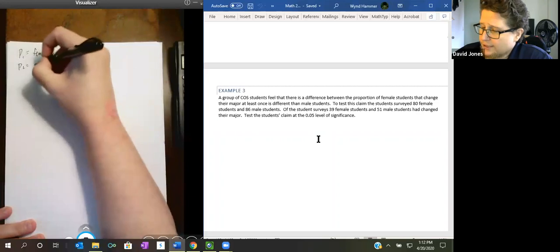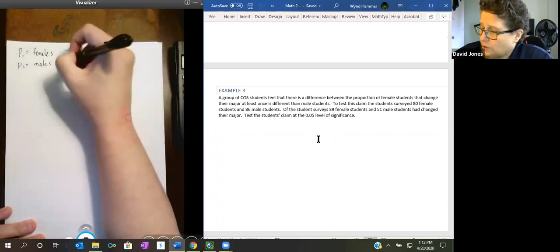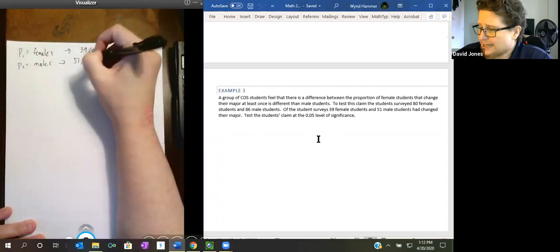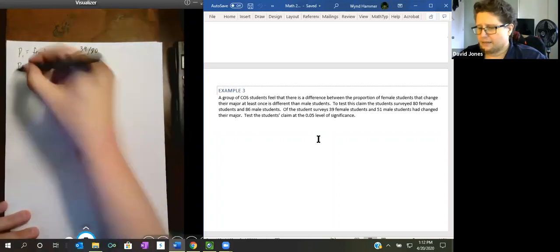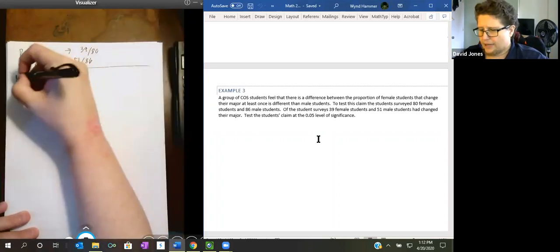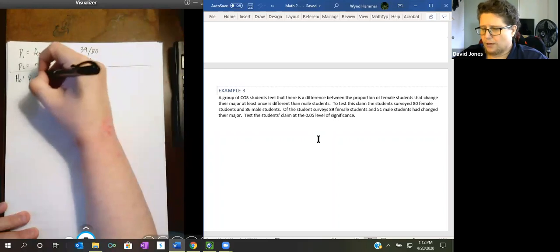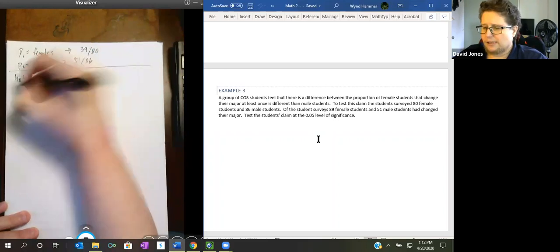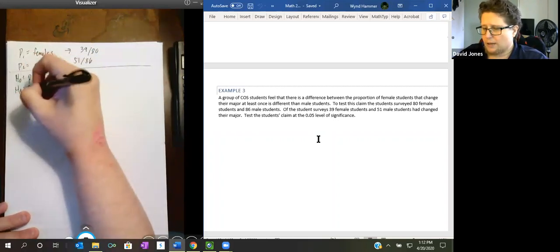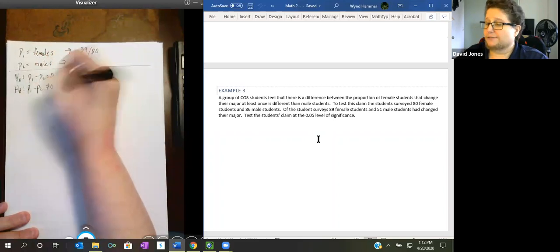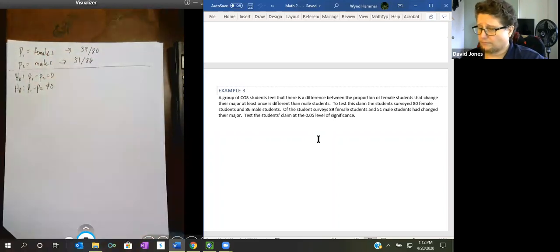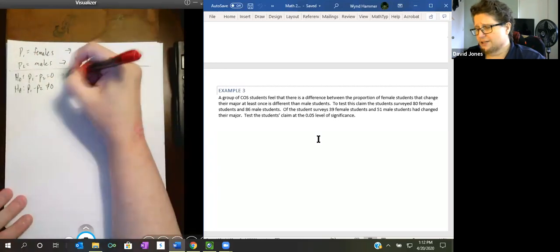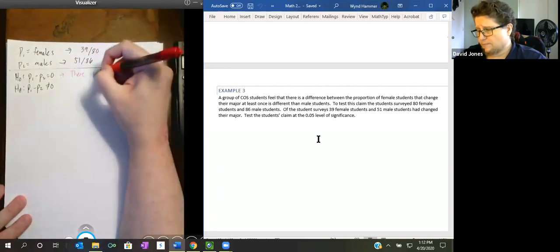P2 was males, which was 51 out of 86. H naught, P1 minus P2 equals 0. HA, P1 minus P2 does not equal 0. This says there is no difference between the genders.